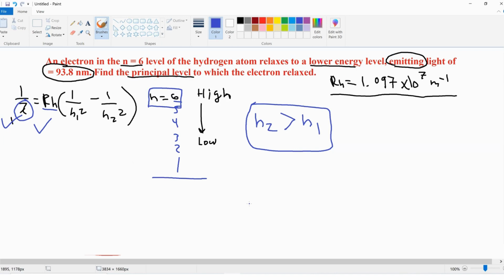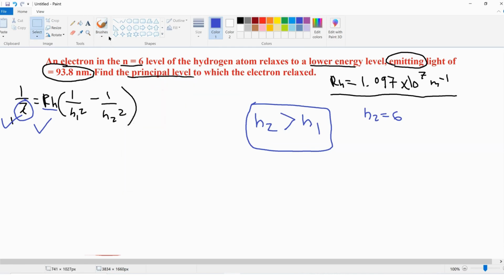So right off the bat, we know that n2 is always greater than n1, and our highest one here is 6. So n2 is equal to 6, because that is the highest one. We're trying to find where it's going to land, basically. So we plug in the equation.